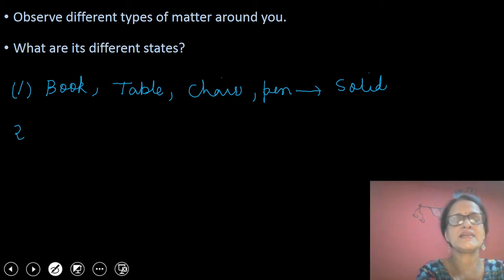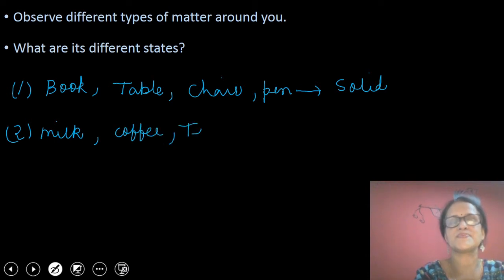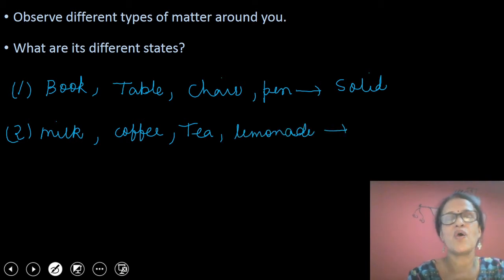In the second category, I am writing the examples of materials which exist in liquid state, like milk, coffee, tea, lemonade, etc. Lemonade means nibu pani. All these materials which I have listed in the second category exist as liquid.